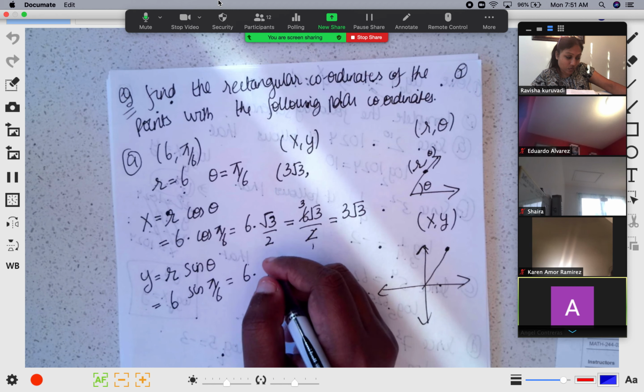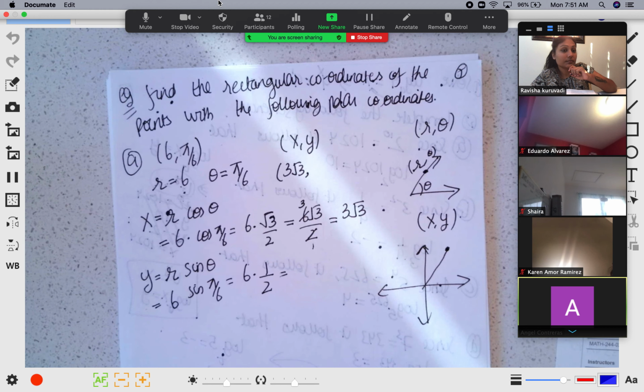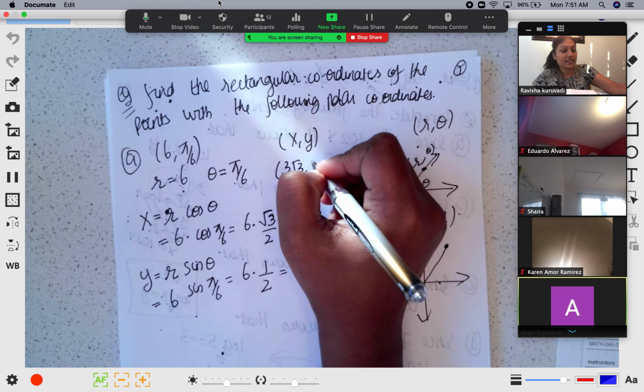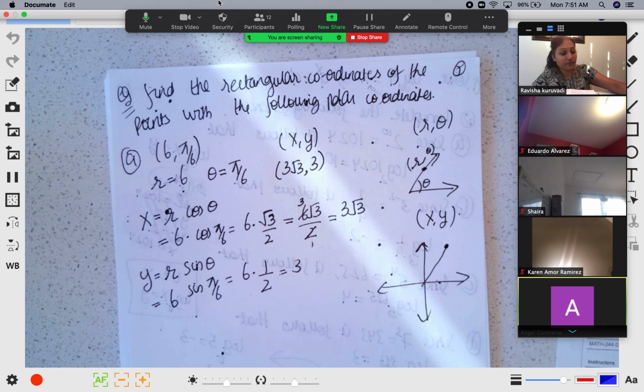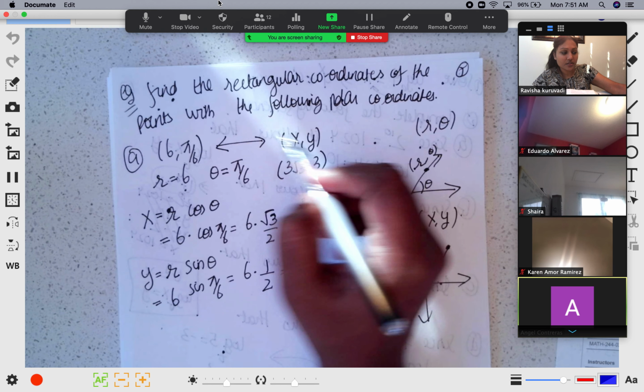That's 1/2. What is 6 times 1/2? It is 3. So you get y as 3. Basically you convert it, and these two are technically the same. This is just the polar form, and this is the rectangular form.